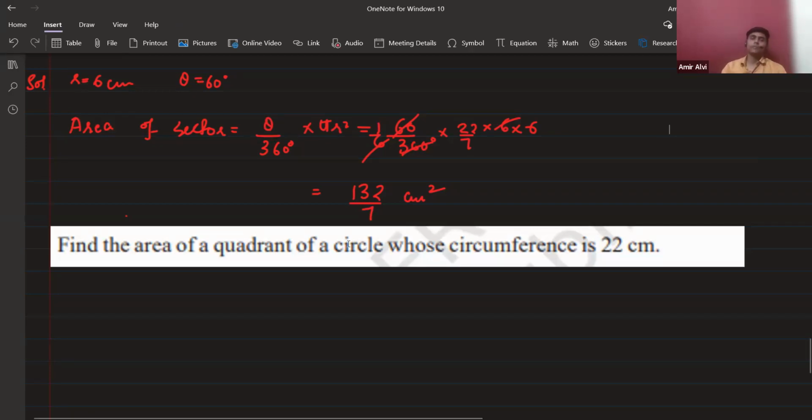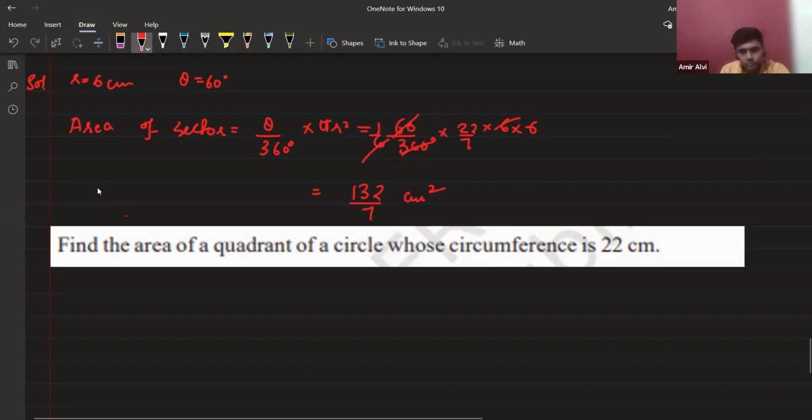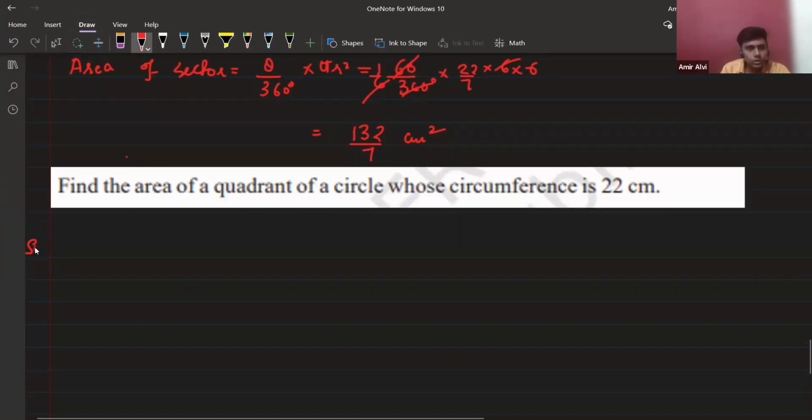Okay, look at the screen, everybody. We have very less time, so the solution is there. The question is saying that circumference is given as 22 centimeter.